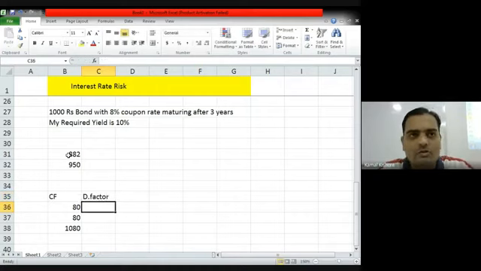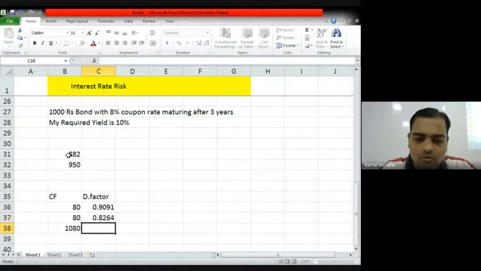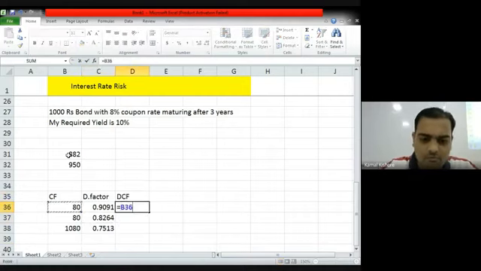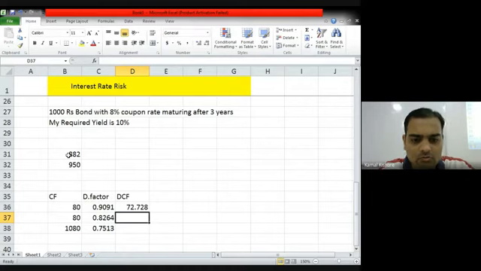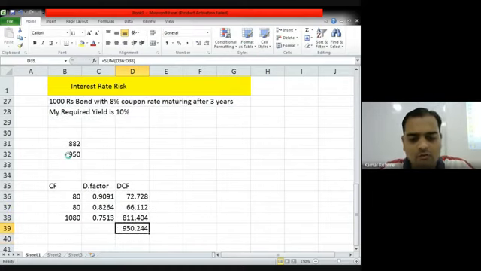How much? 0.9091, 0.824, 0.7513. Discounted cash flow, 80 into this. Total is 950. Pavitra, how did you get 882?